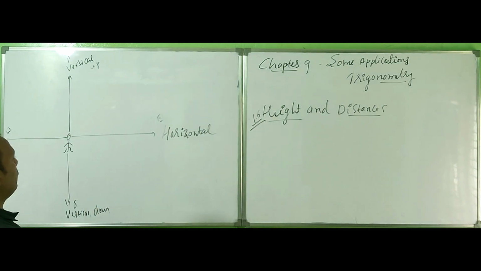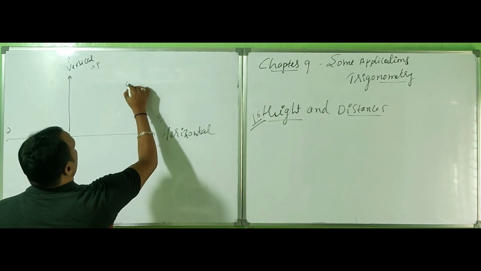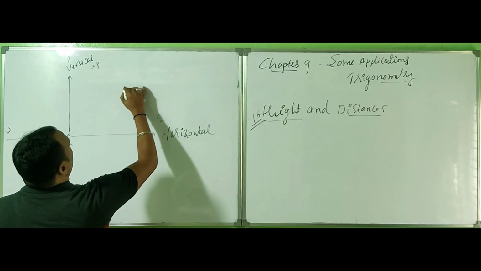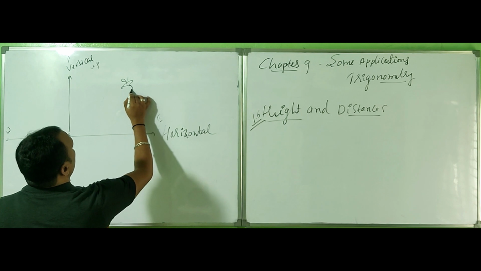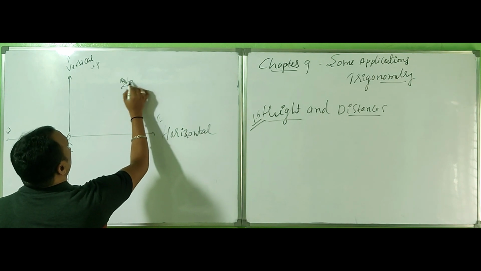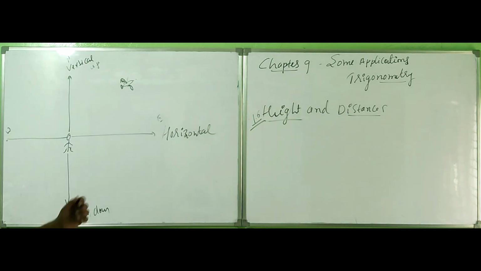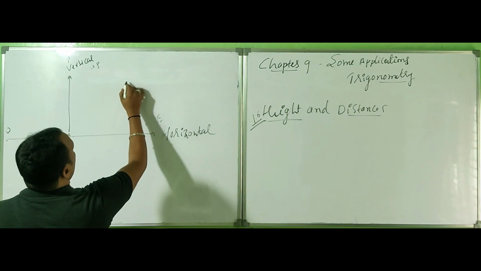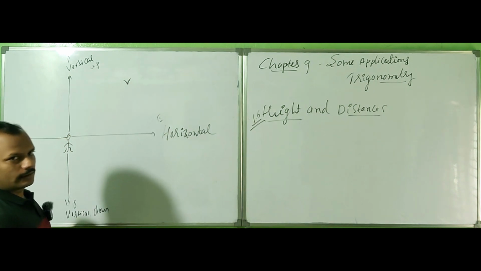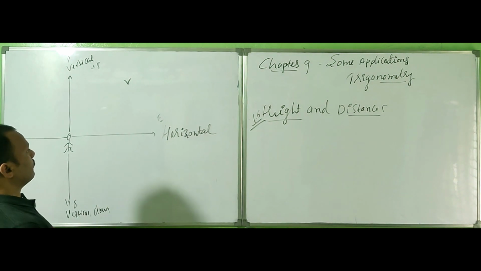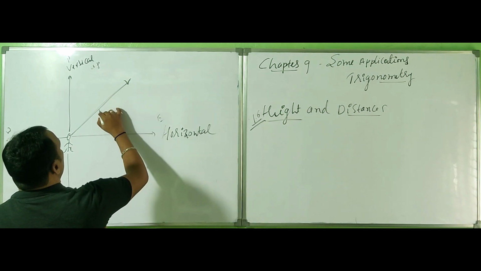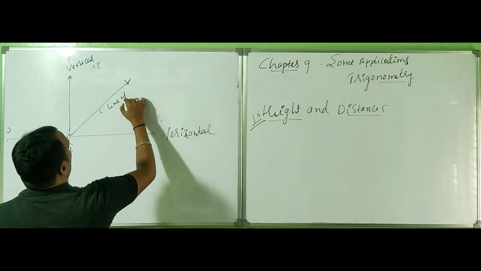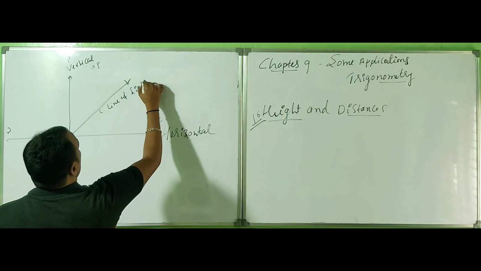If the object is somewhere else, like an aeroplane or a small bird moving, the line segment from your position to the object is called the line of sight.